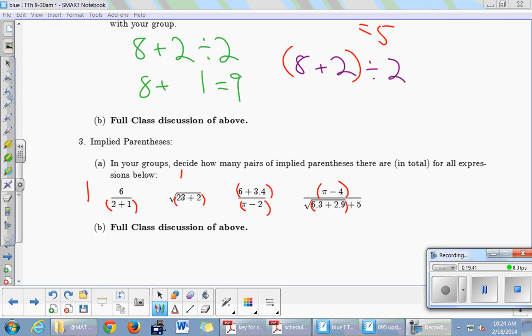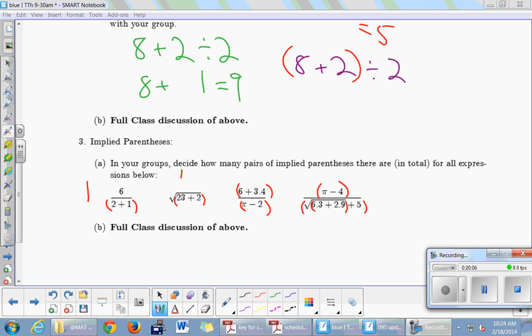In this last one, I've actually made a mistake. I put parentheses around the numerator because that subtraction needs to come first, even though it doesn't normally. And then I saw a radical, so I put parentheses there. I'm missing one more set. Ending at the 5, where does it start? It's the entire thing on the outside.